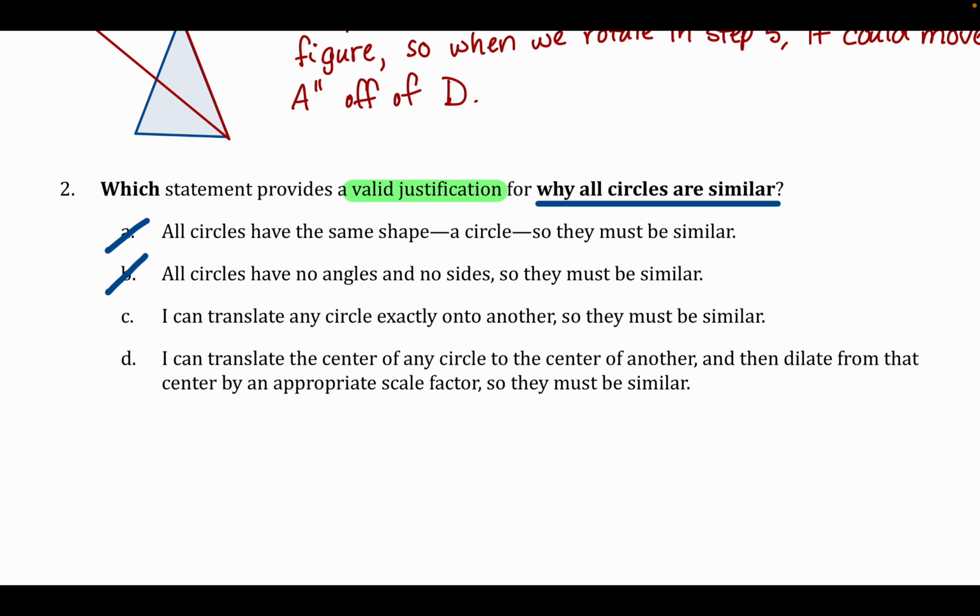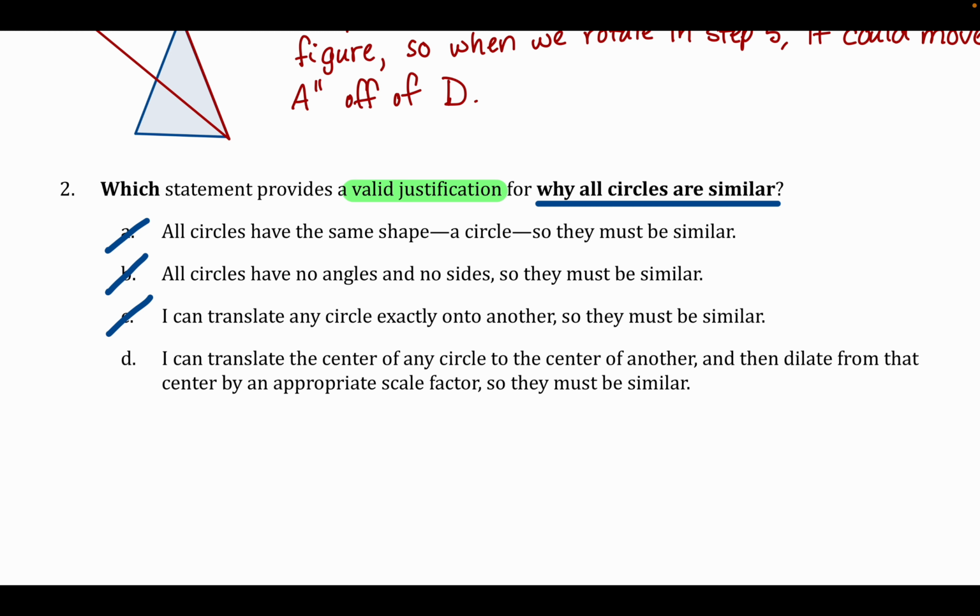Option C says I can translate any circle exactly onto another, and so they must be similar. Well, if you can translate any circle exactly onto another, that's a rigid transformation, and that would be the definition of congruence. And I know not all circles are congruent to each other, but we're getting closer because we're using mathematical steps. So let's double check that D is correct.